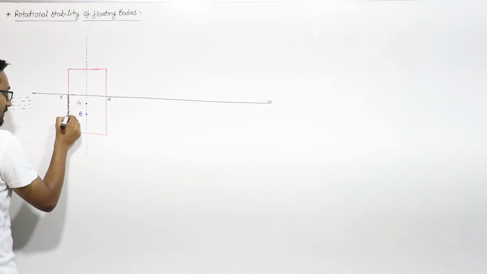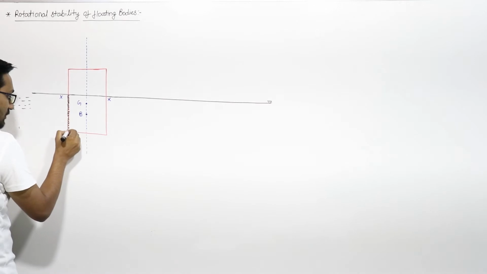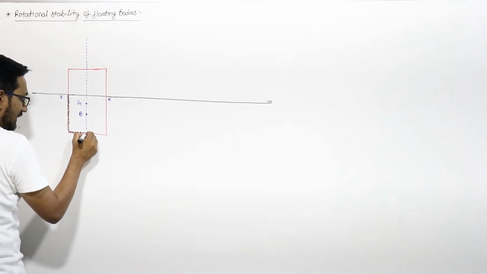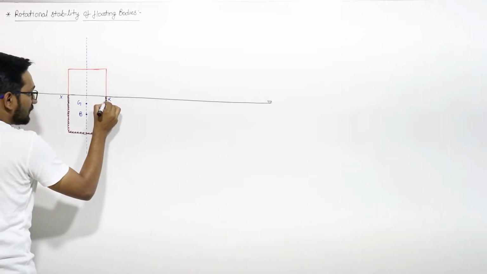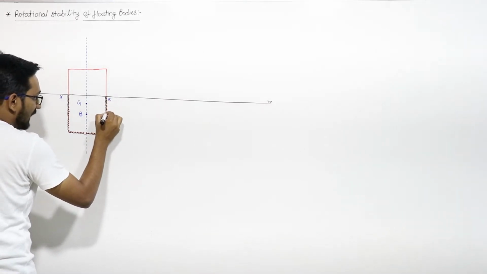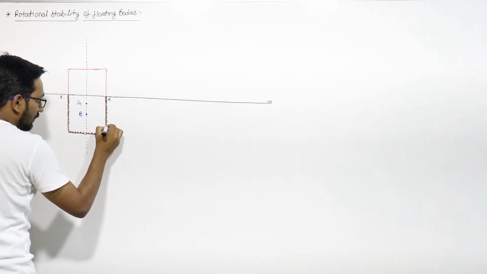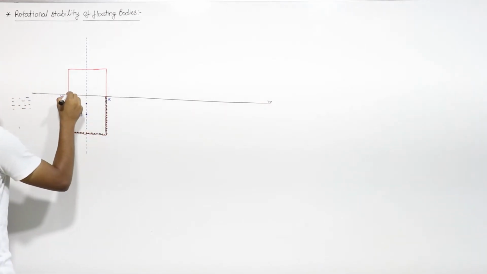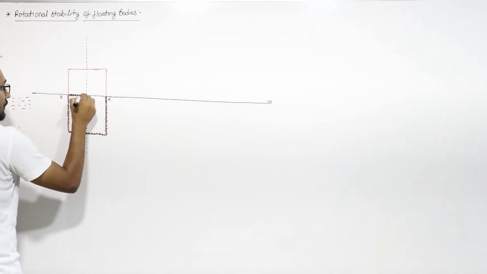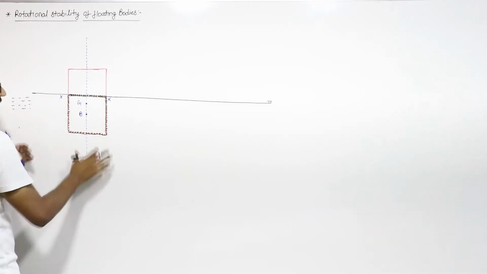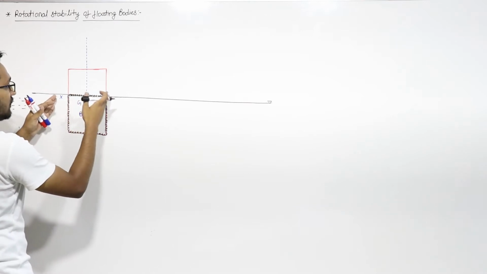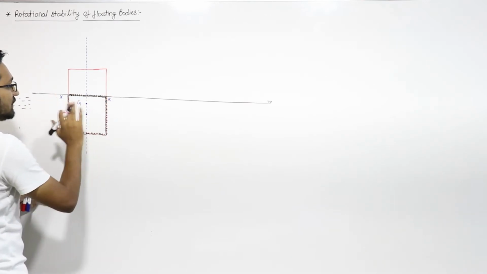Just pay attention, guys. This is the shape of the body which is inside the fluid, and fluid is displaced according to this. Because you can see it is symmetric, the center of buoyancy will be here.